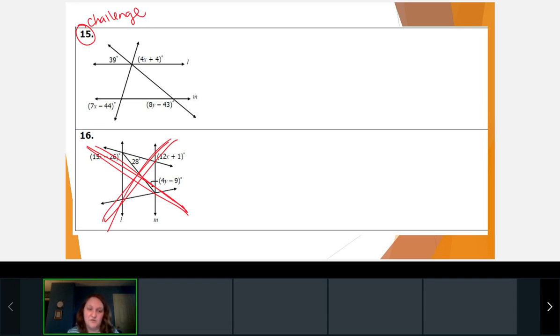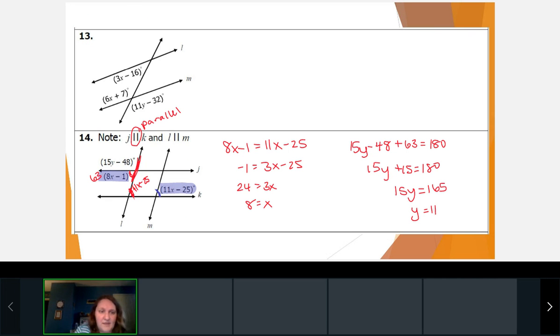Maybe you could if you knew a little bit more about geometry than I've taught. You can absolutely try 16. I'm not telling you that you can't do it. It just requires a skill that I haven't taught you yet. So I'm considering number 15 a challenge, and number 16 something you'll be able to do by the end of the year. And then you can go back and practice the ones that we skipped.